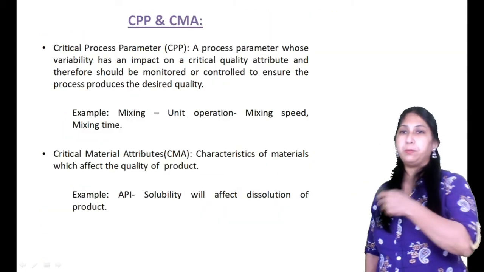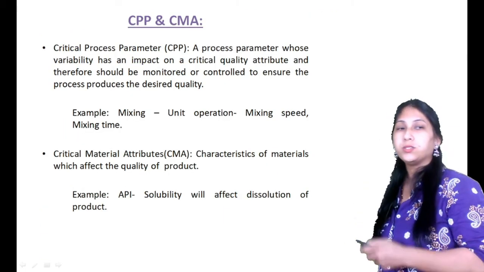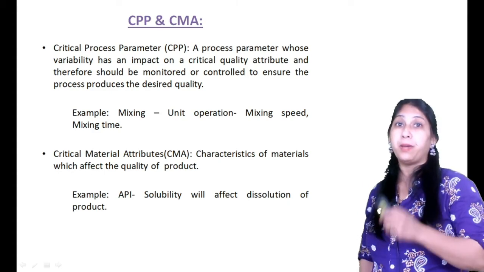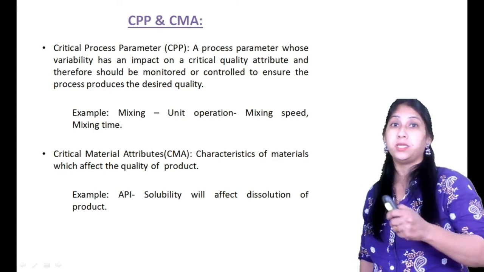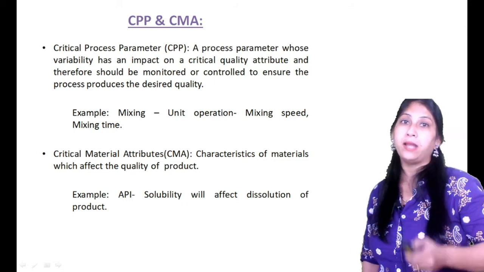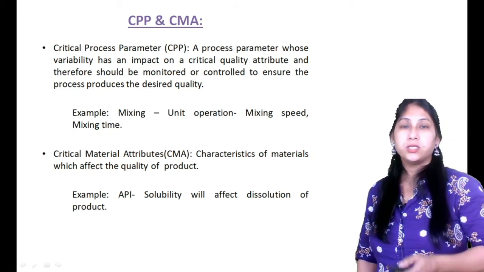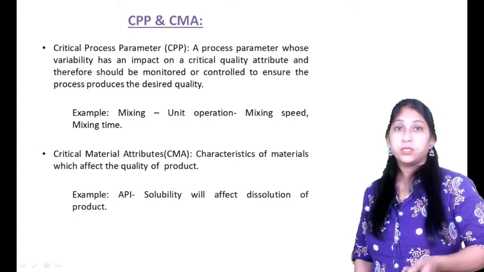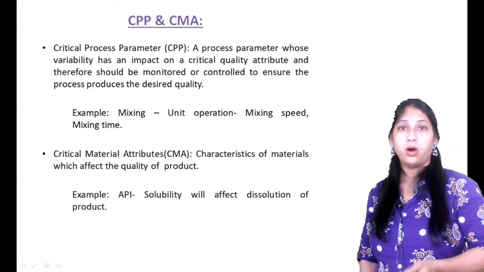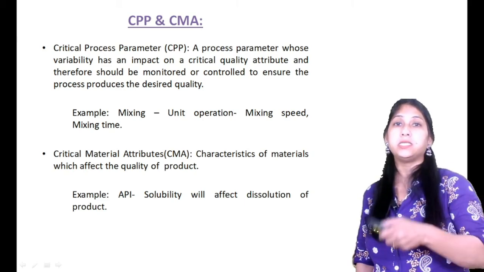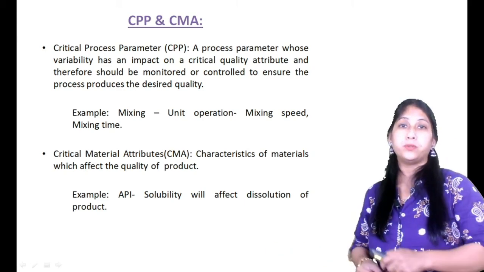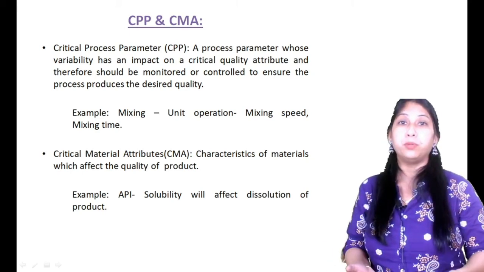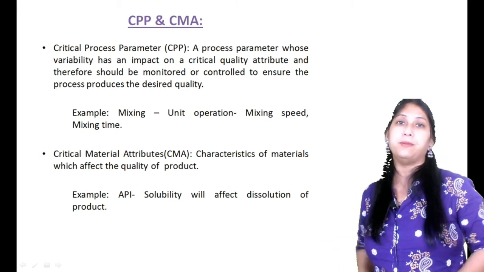Let's see about CPP and CMA. CPP is critical process parameter. Now these are the parameters related to the process which have impact on the CQAs. So these parameters need to be monitored and controlled. If I take an example of the tablet process, this involves various sub-processes like mixing, granulation, drying, compression, and if coated tablets, then coating.